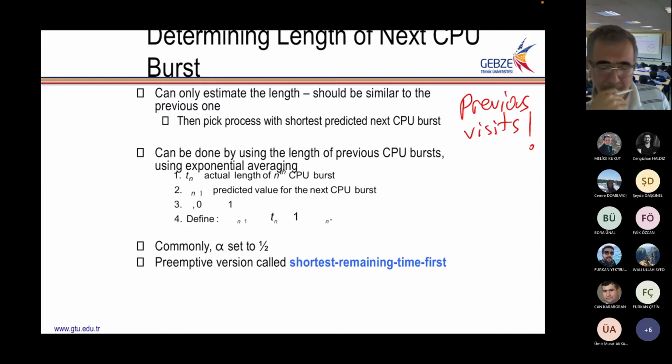Therefore, the previous visit is a good indicator.